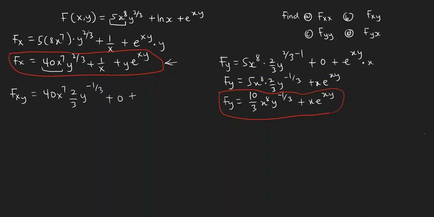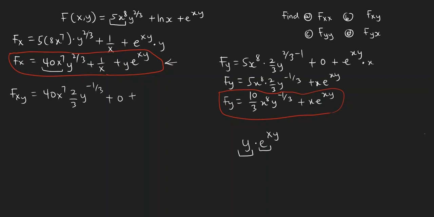Then plus, for this one also, I'm going to differentiate all this term with respect to y. So we are going to apply the chain rule here. We are going to have y multiplying e to the power xy. First of all, I'm going to differentiate y and keep the exponential as a constant.